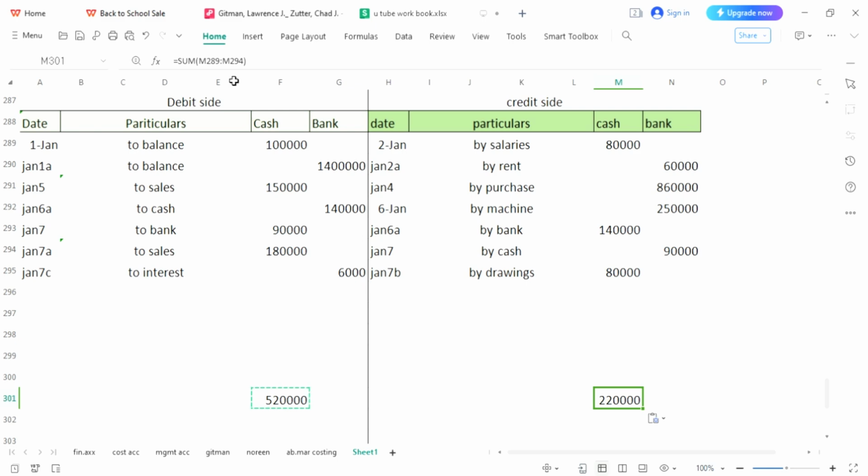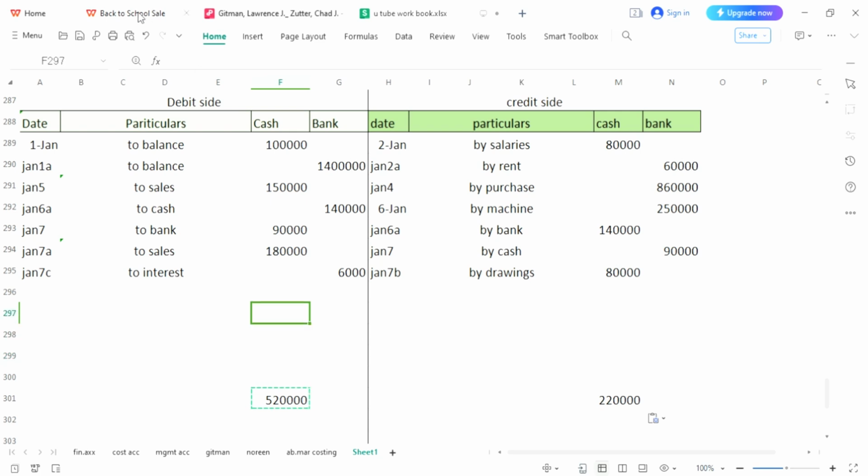And now you are going to see how much total is present on the debit side and how much total is present on the credit side. After which you will see the larger sum. The larger sum is 5,20,000.